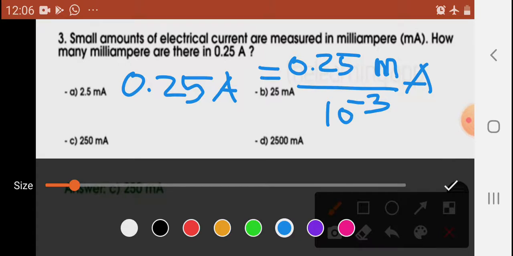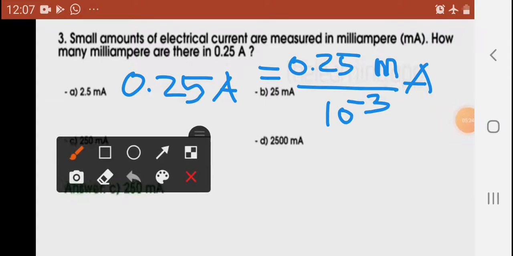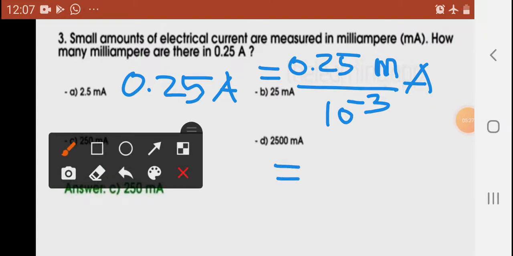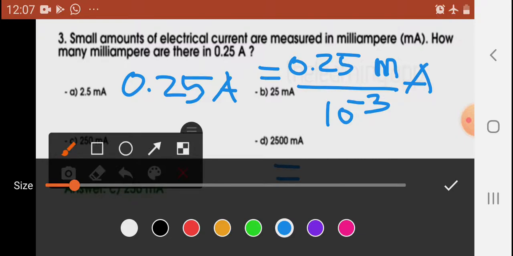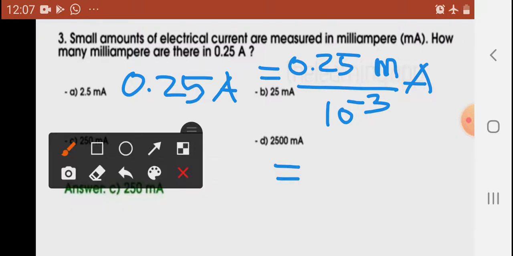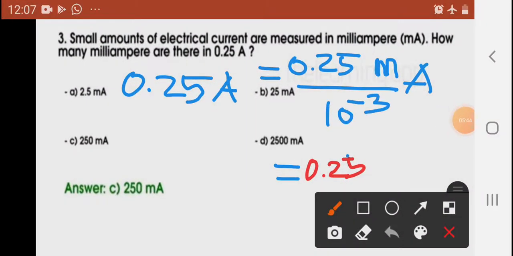So I will take another color. Here listen. 0.25 into 10 power minus 3, that upstairs will come, meaning 10 power plus 3.